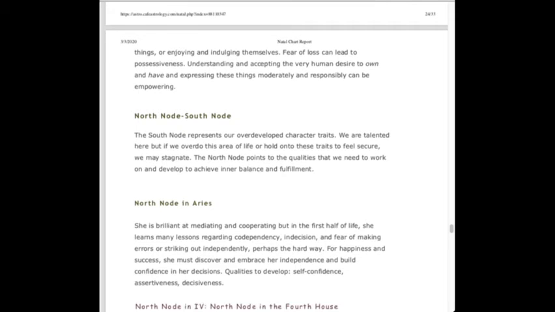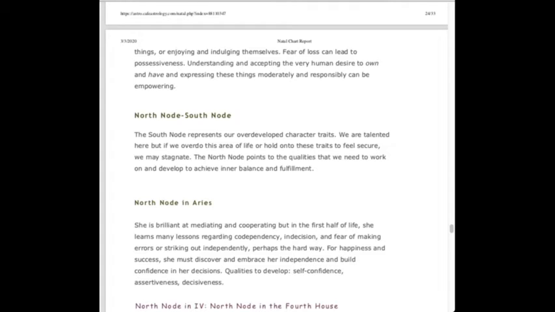North Node is Aries. She is brilliant at mediating and cooperating, but in the first half of life, she learns many lessons regarding codependence, indecision, and fear of making errors or striking out independently, perhaps the hard way.